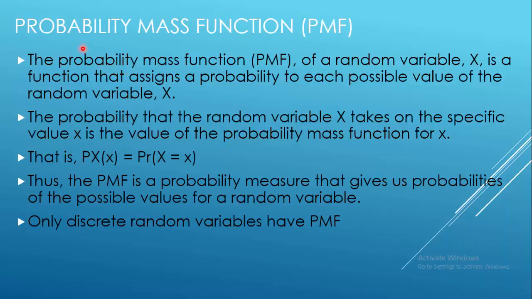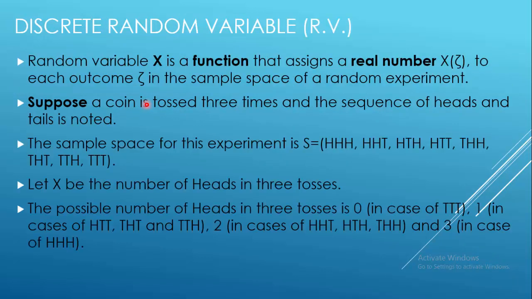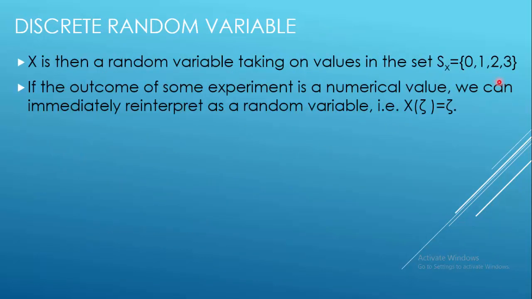So now we come to the probability mass function. The probability mass function, PMF, of a random variable X is a function that assigns a probability to each possible value of the random variable X. So for example, here we have got 0, 1, 2, 3.